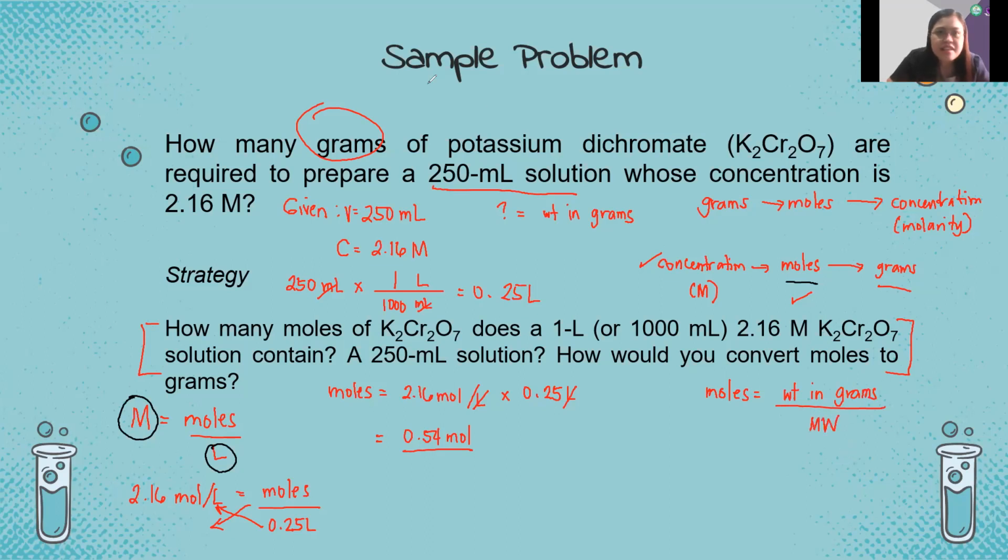As you can see here, we have computed the moles. The molecular weight is not given in the problem, but we can compute it. And the weight in grams is what we are looking for.